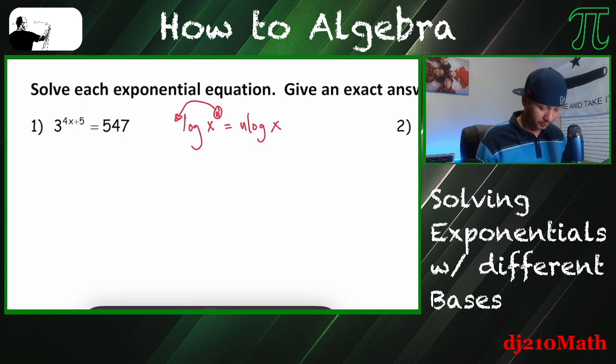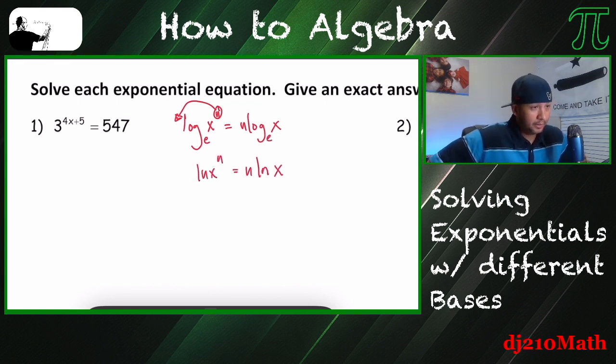And this is also true regardless of the base, right? Typically base e, ln, the natural log, is what we tend to use. Now you can use any base you want. Log base 10 and log base e, i.e. natural log, tend to be the best in my opinion. Particularly ln because it's less writing.